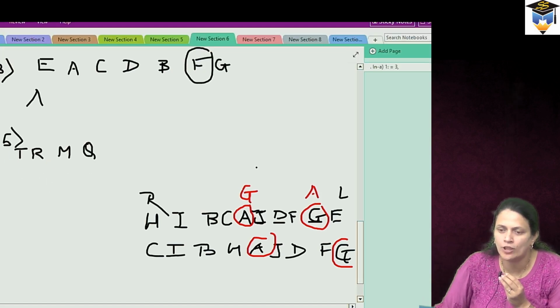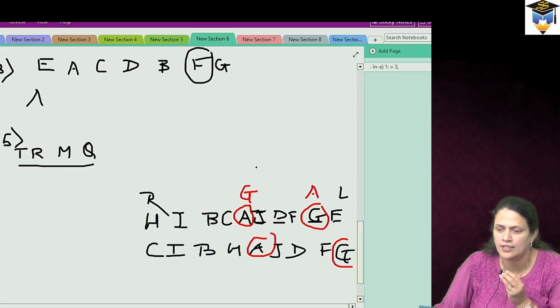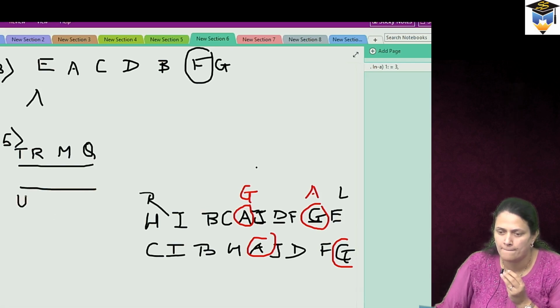So these people are sitting on one side, is it right? All these are sitting on one side, and the other persons who are sitting are U, P, V and W.